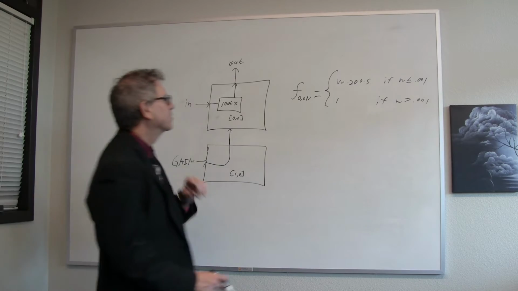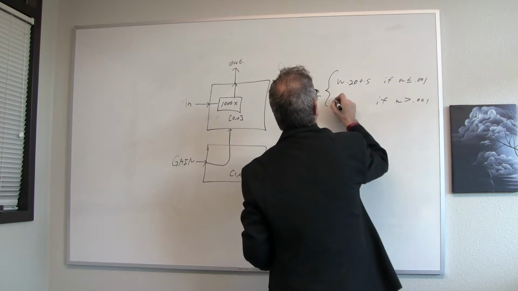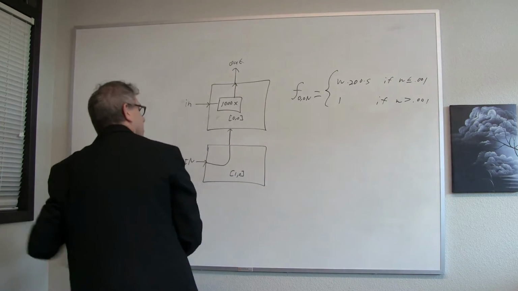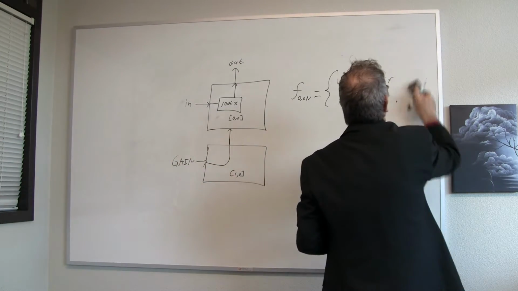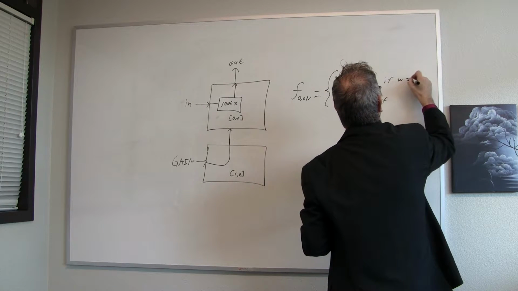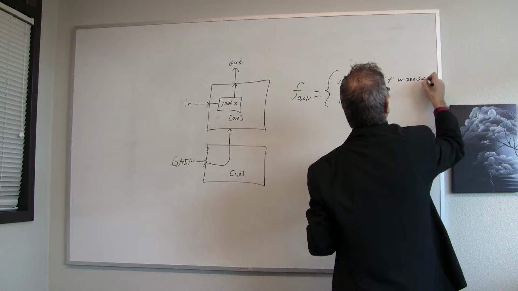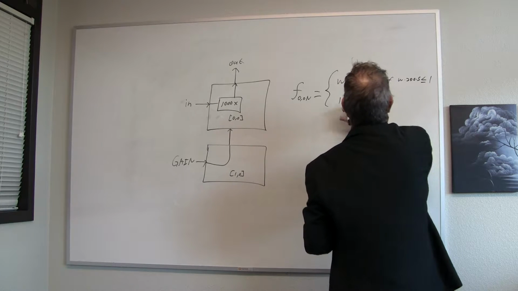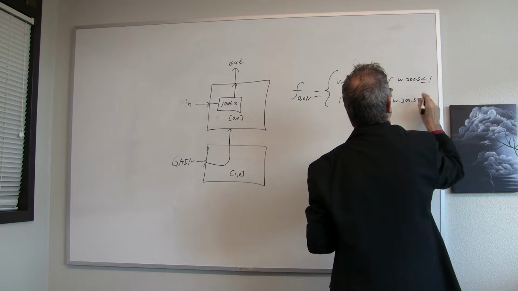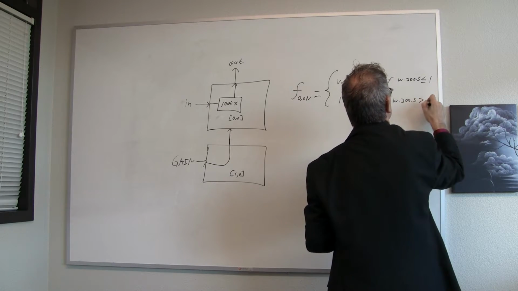And we could make this function a little more reasonable by saying, instead of limiting this to the value of W, we could say if W times 200 times S is less than or equal to 1, and it could just be 1 if W times 200 times S is greater than 1.